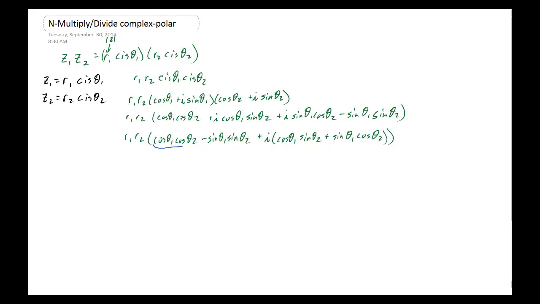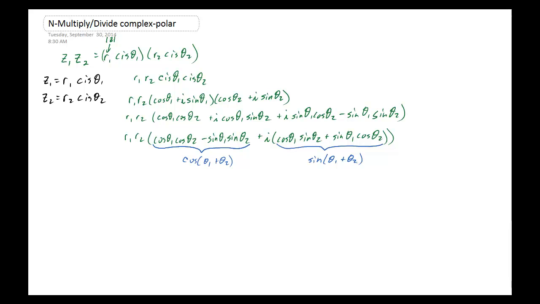Cosine theta 1 cosine theta 2 minus sine theta 1 sine theta 2, you may remember as being cosine of theta 1 plus theta 2. If you don't remember that, look in your equation booklet. And then cosine theta 1 sine theta 2 plus sine theta 1 cosine theta 2 is essentially sine of theta 1 plus theta 2.